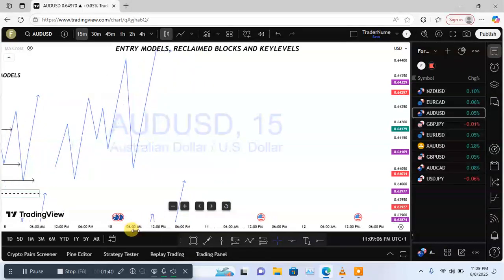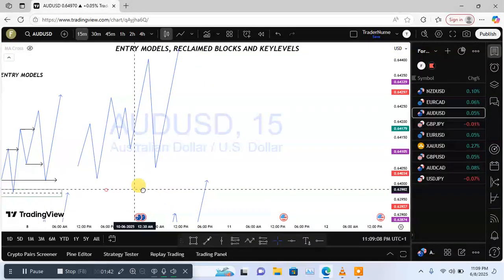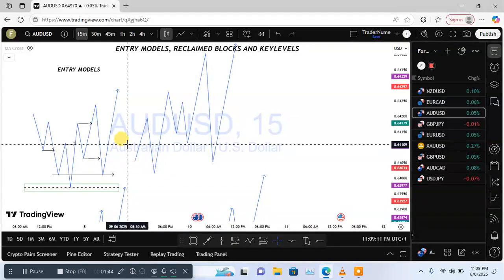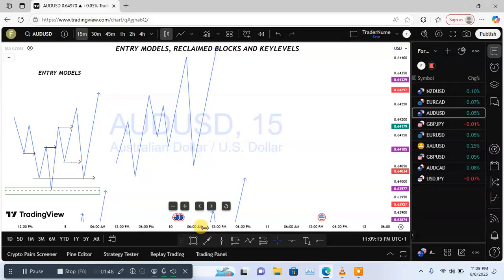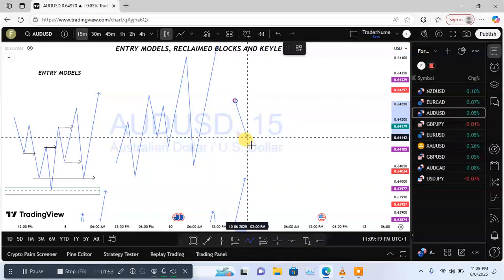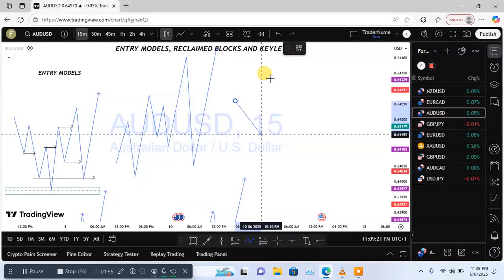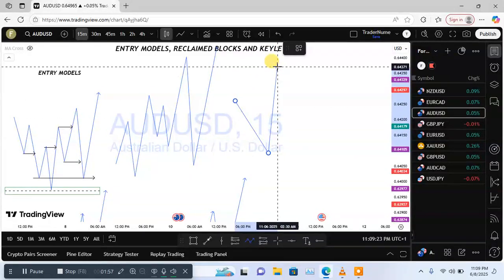So the first one is liquidity sweep and a break of structure. Now, just like I told you, when price gets to your discount level on your 4 hours or 2 hours, you have a break of structure.